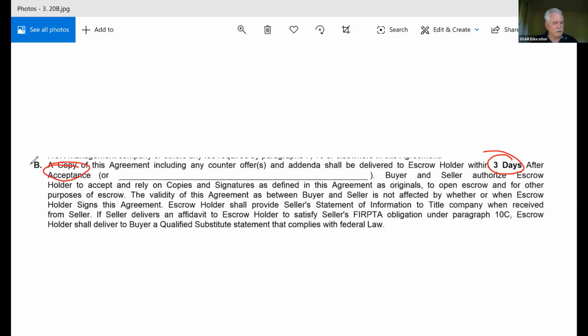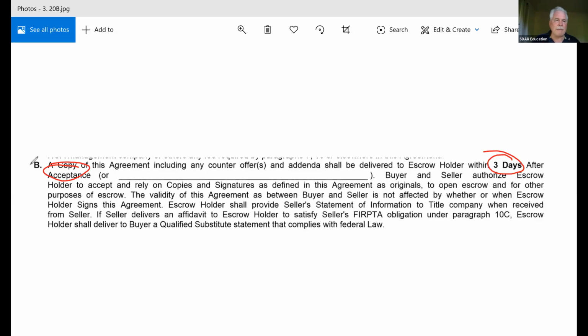So the agent that dallies on this is making a mistake. You need to get that back to the other guy right away. Let them know that you have confirmation, because that acceptance time is when the time periods are ticking. And if you're holding on to the acceptance, you may be causing harm to the other party, okay? You might actually be interfering with your own contract, and that's a legal term, okay? So we want to be very sensitive to that.